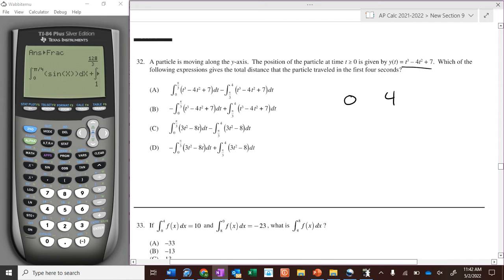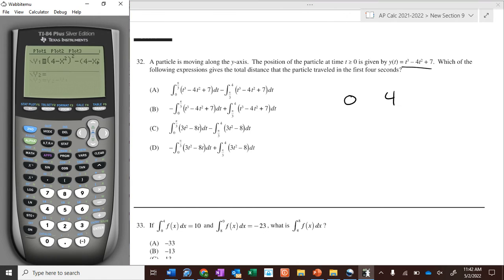Now, if you look at the graph of this, so if you go x squared minus 4x plus 7, y equals, clear.